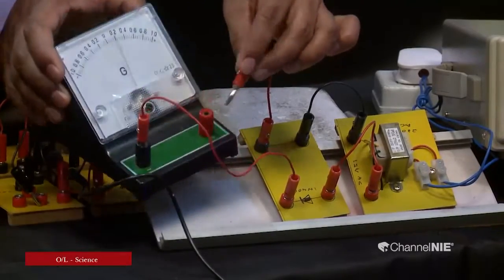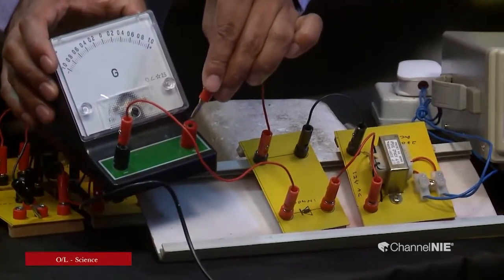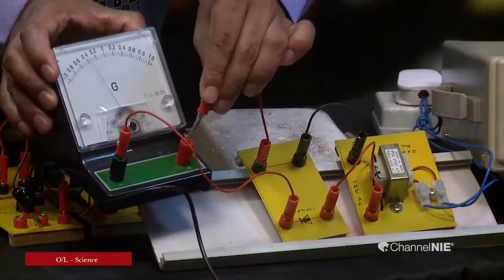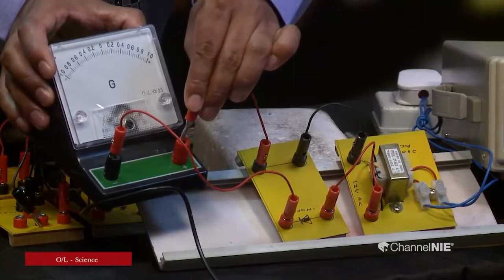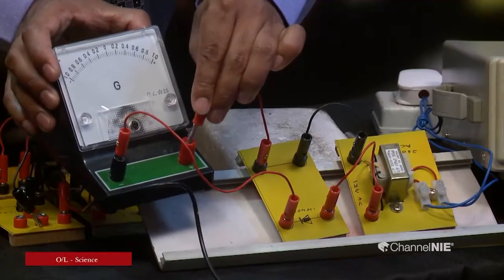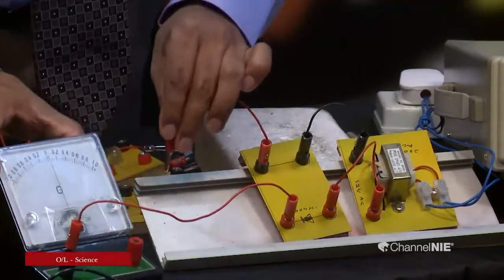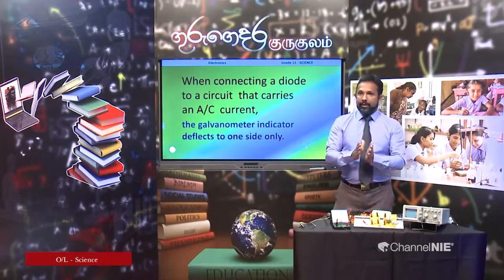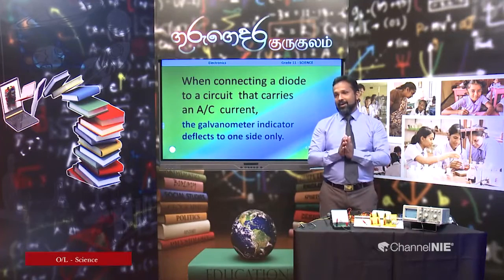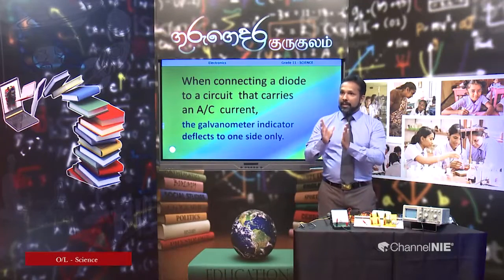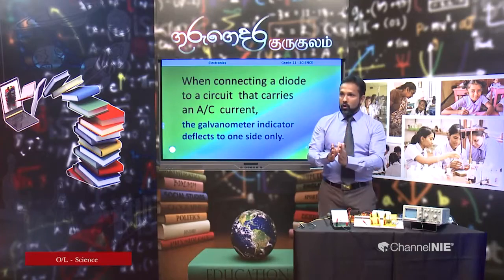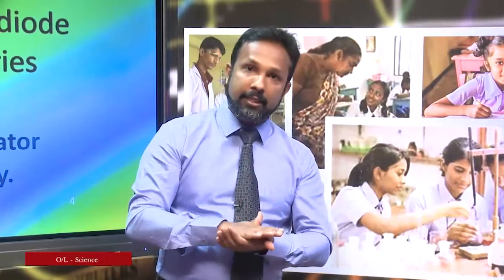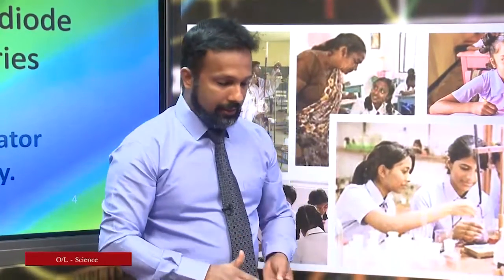Now you can watch that the galvanometer indicator deflects rapidly, but only towards one side. It is towards the left side. Through this simple activity, you can understand a diode is an electronic device which allows the electricity to flow towards one direction only. Now if we change the terminals of the diode, let's change.